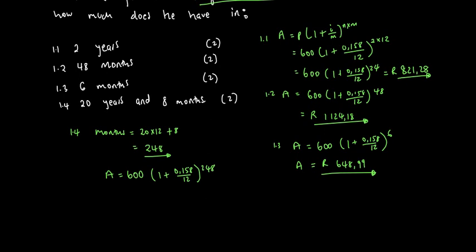Splendid. That's beautiful. Thank you so much, ma'am. Nice. So what we would do there is perfect. We say 1 plus 0.158, you divide by 12, into exponent 248 there.